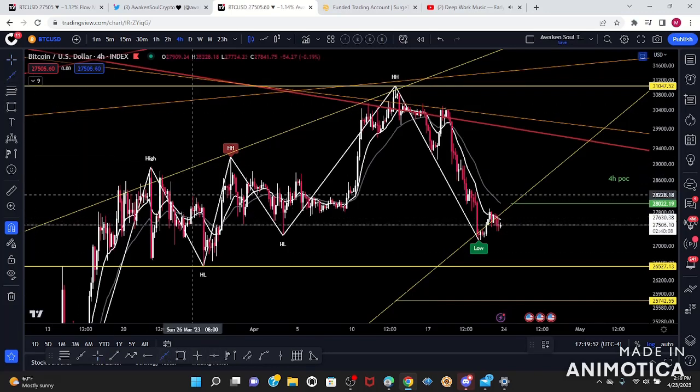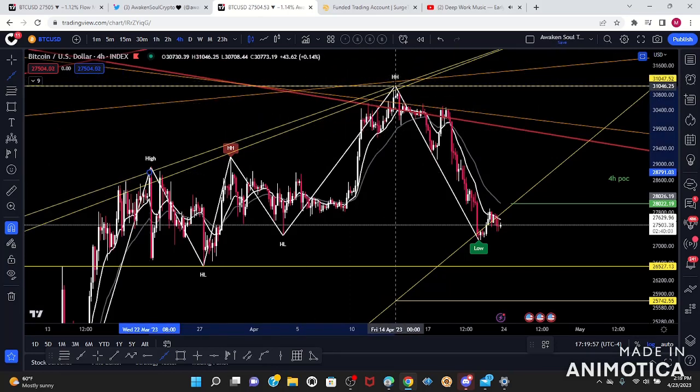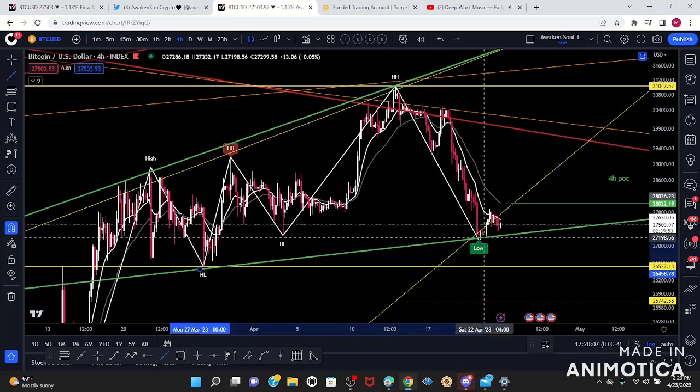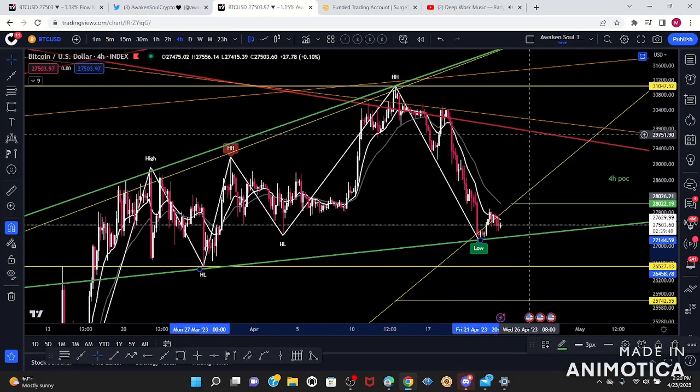So in my 4 hour, this looks like a megaphone, right? I'm going to connect the highs together. Go ahead and just highlight it here. This is my low to my low, right? It looks like a beautiful megaphone right there.